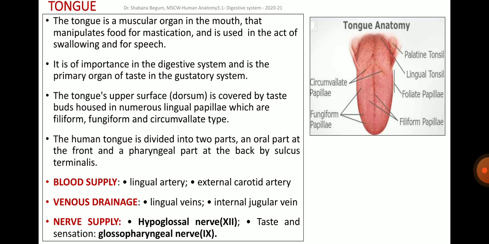The tongue, as you all know, is a highly muscular and voluntary organ present in the floor of the buccal cavity. It manipulates food for mastication, is used in the act of swallowing and also for speech.